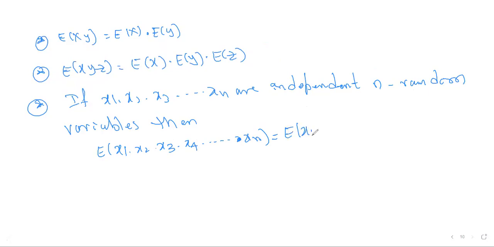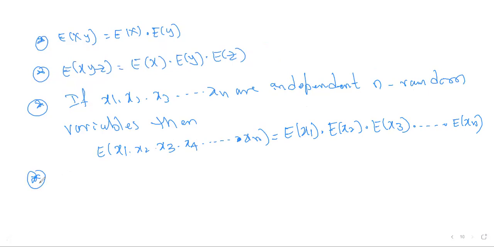That is the expected value of x1 into the expected value of x2 into the expected value of x3 and so on up to the expected value of xn. So this is called the multiplication theorem of expectation, or this last format is called the generalization of the multiplication theorem.